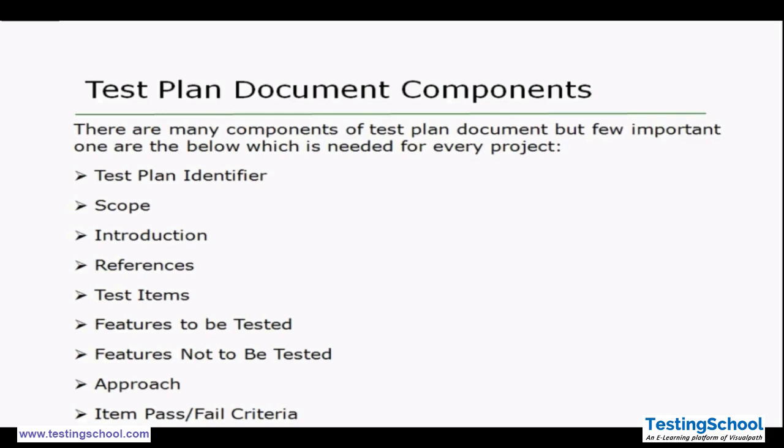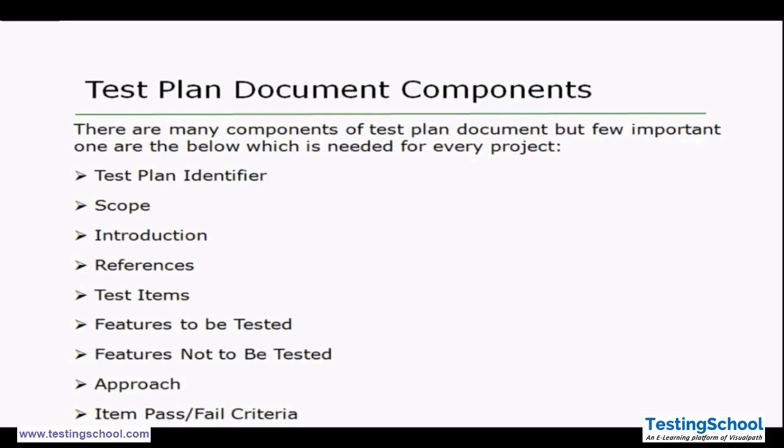In this session, what are the test plan document components? There are many components that can be included in a test plan, but we have the below ones in this video. These are the important ones which should be there for every test plan.